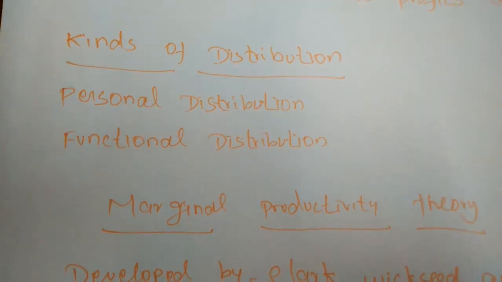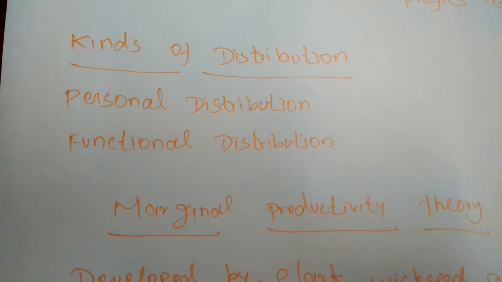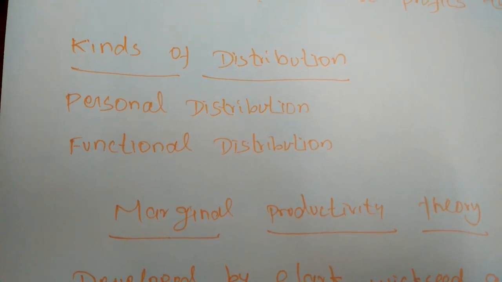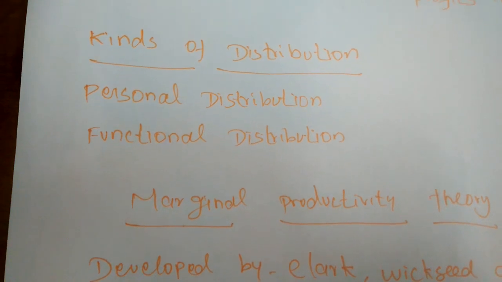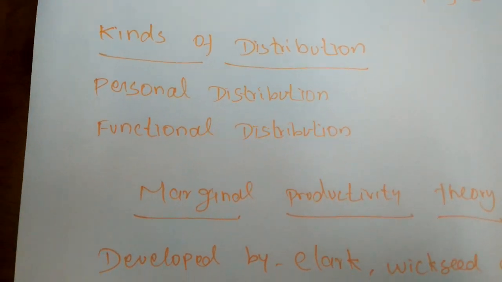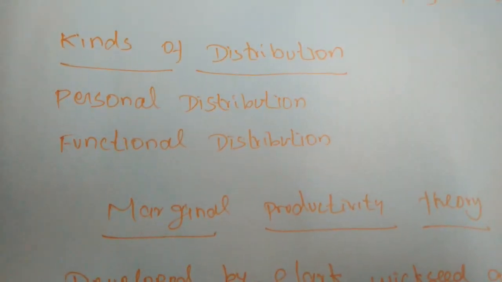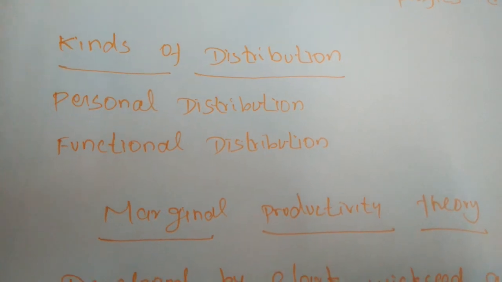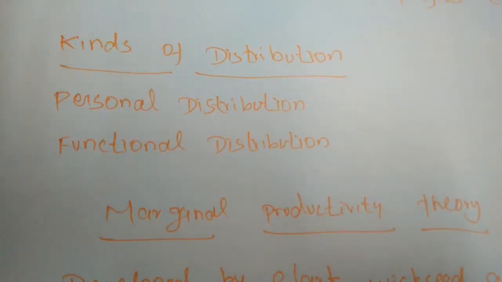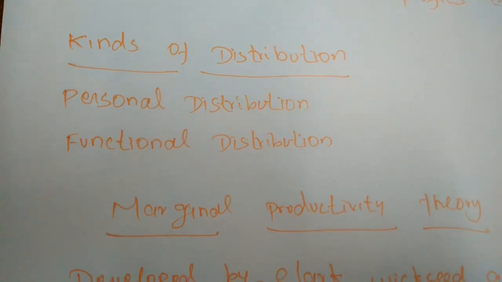In any nation, all the people will get some benefit from the government. We can consider it as the personal distribution of national income. That's called personal distribution. Individual persons getting some remuneration from the government out of national income is considered personal distribution.